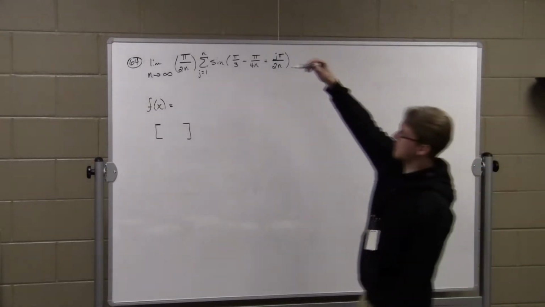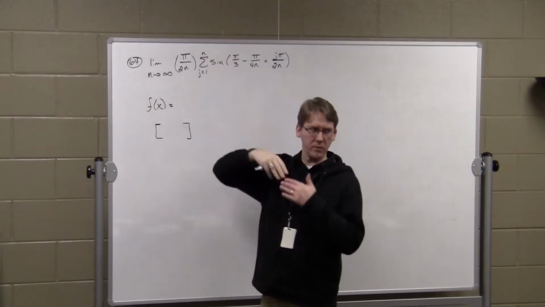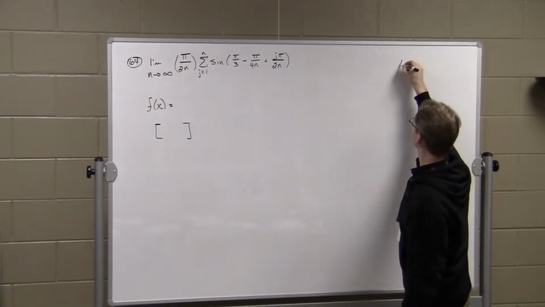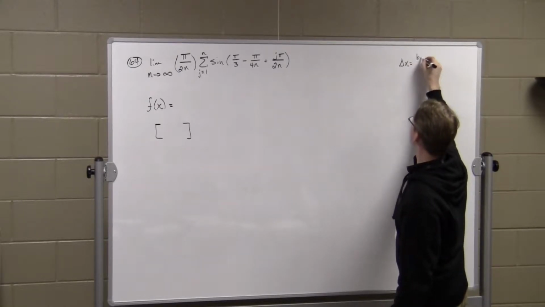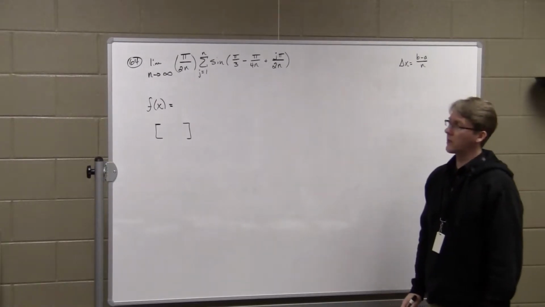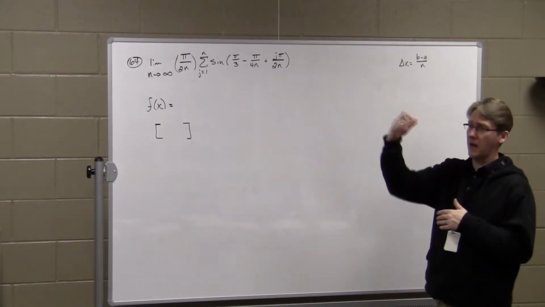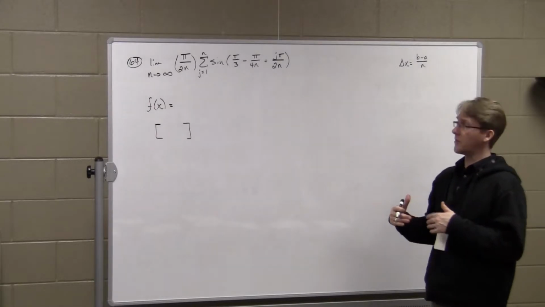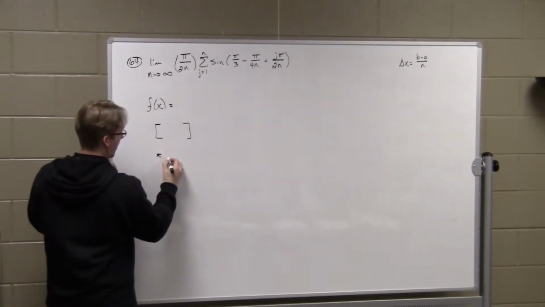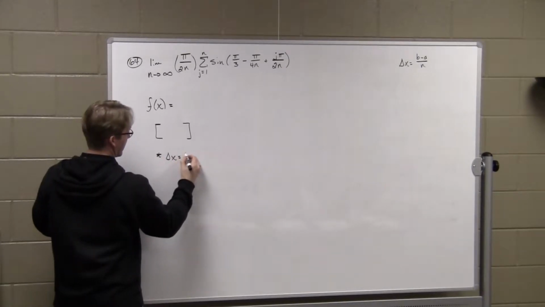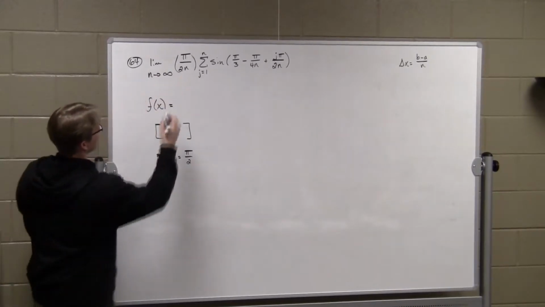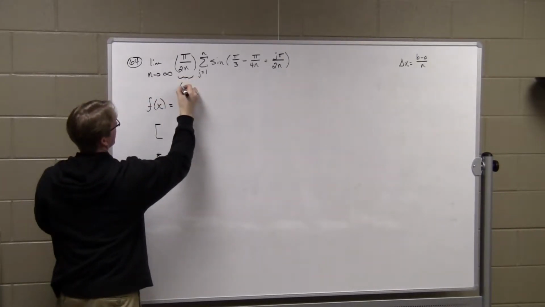This little guy right here, that's our universal width that we had factored out. For us, our delta x is b minus a over n. We have pi over 2n, which would be the same thing as pi halves over n. So my delta x is going to be pi halves. We got that from here.